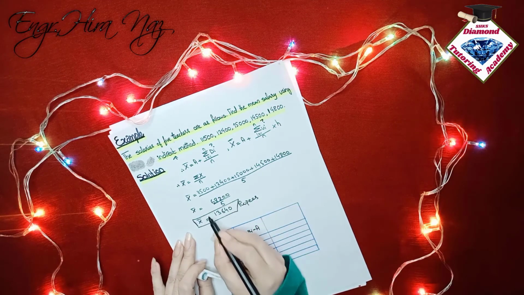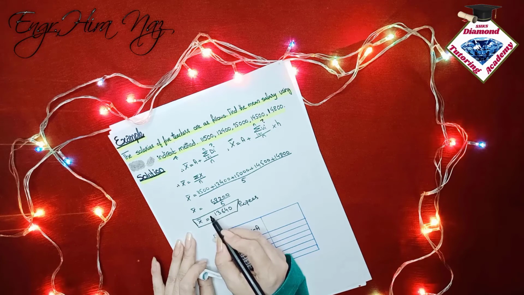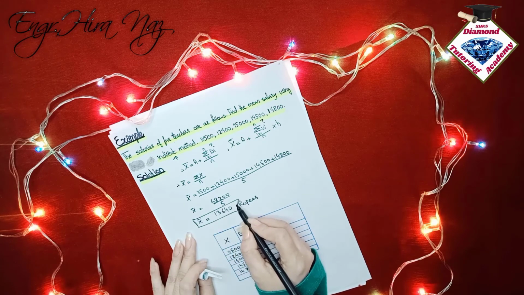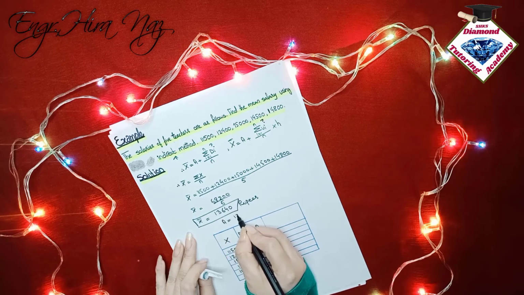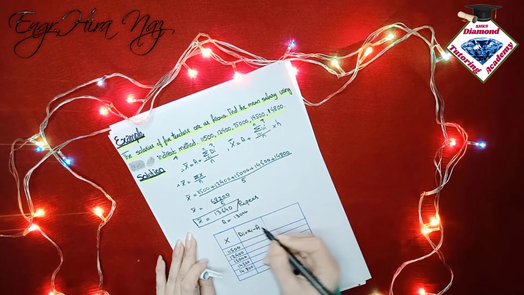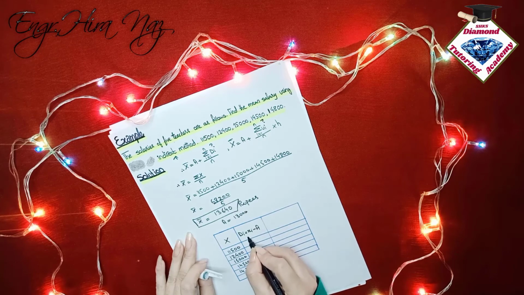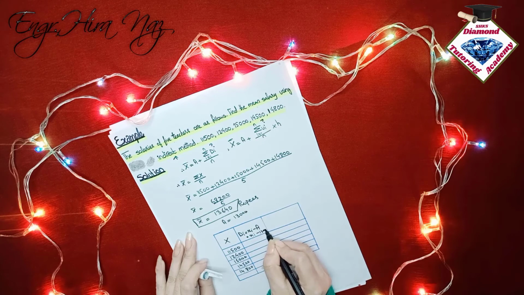We have calculated this mean from direct method to assume the variable as A. So by approximating this, we can say our A is 13,000. So we can say here x minus 13,000.